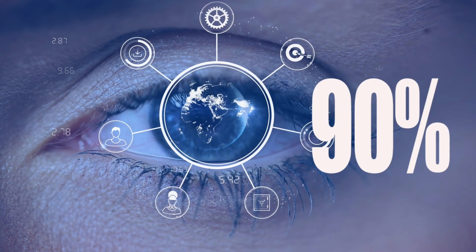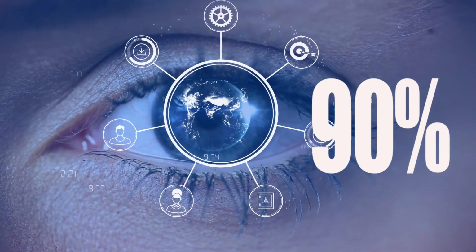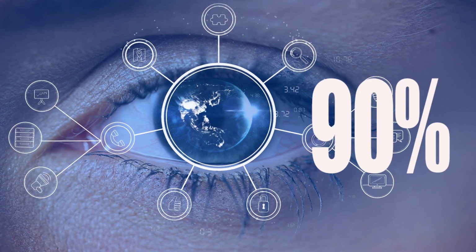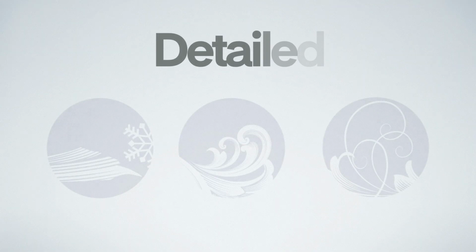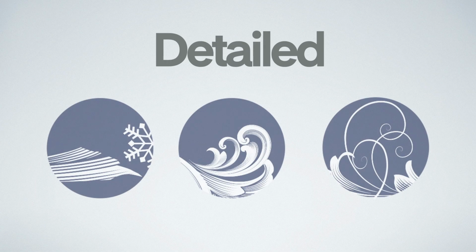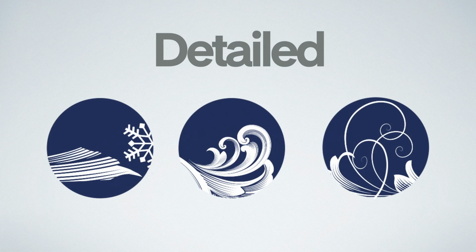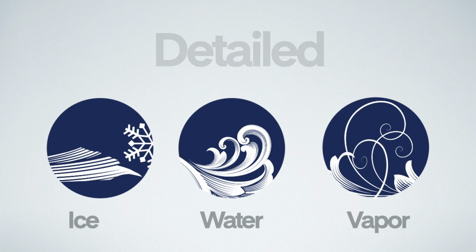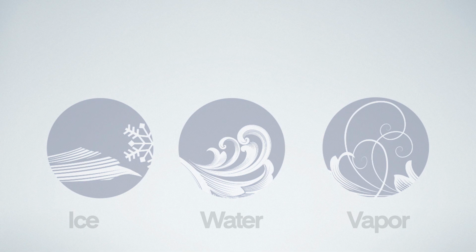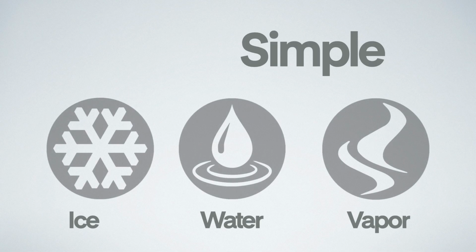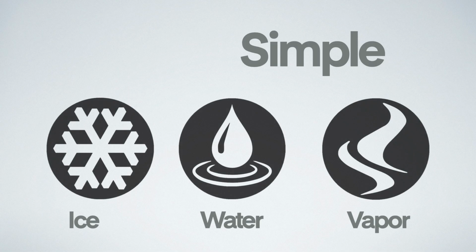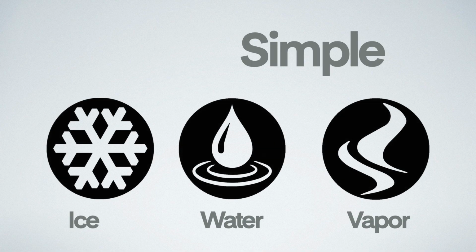And 90% of information transmitted to the brain is visual. We started to design our glyphs detailed. Then we realized they needed to be simplified. Here are examples of our ice, water, and vapor glyphs found later in the training.